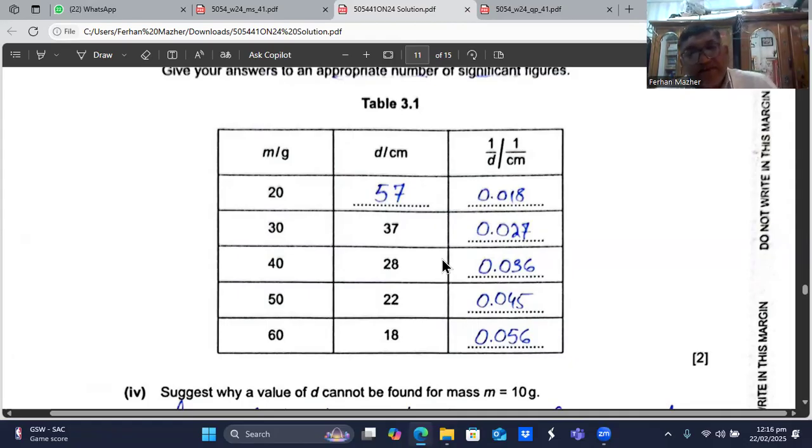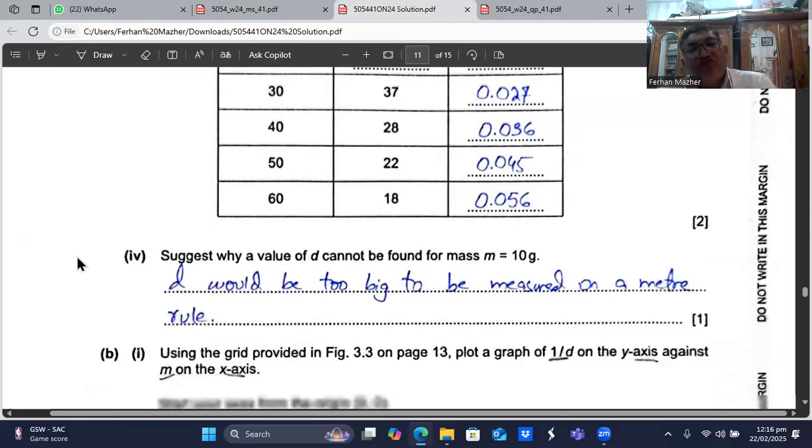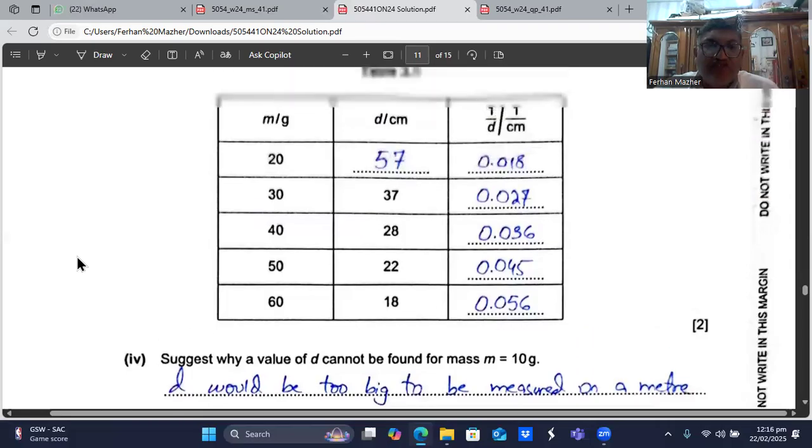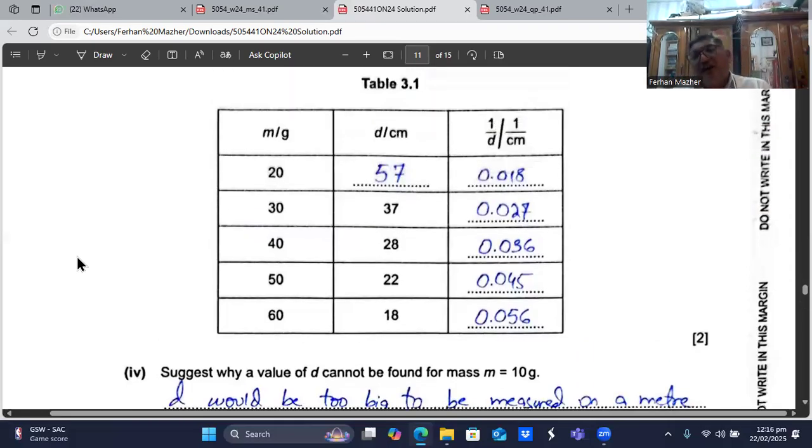He says, suggest why a value of d cannot be found for the mass equal to 10 gram. You see, the lower the mass you are putting on the right side, the larger is the distance from the pivot. This meter rule is 100 centimeter long, and the pivot is at 25.